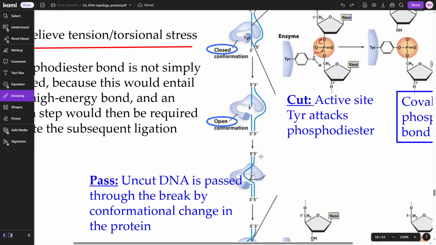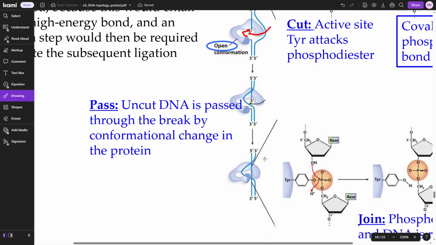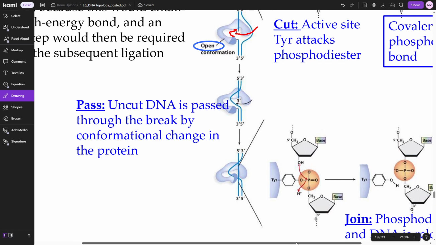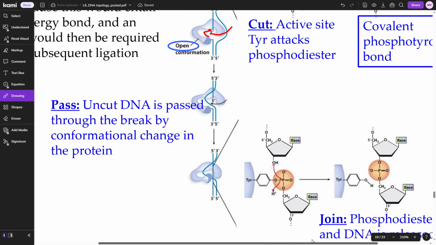And now what happens is that the uncut DNA, this little finger kind of thing here, uses momentum to push the uncut DNA through it. And then from there, that base that was the cut that was originally there is now fixed up again.